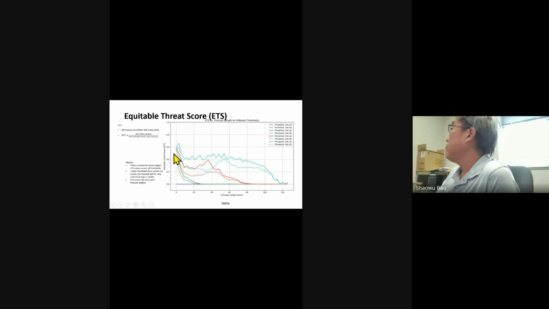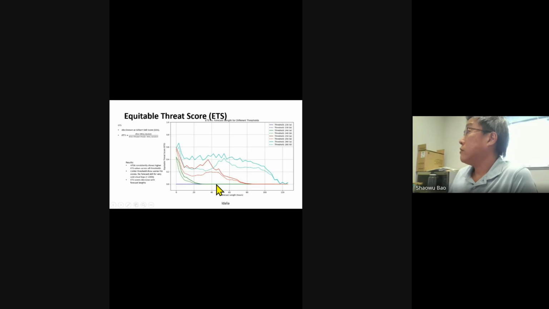And again, the skill score for 230K cold areas is basically 0. And for the other thresholds, 240 and 250, they quickly decline to 0 skill score for longer forecast lengths.